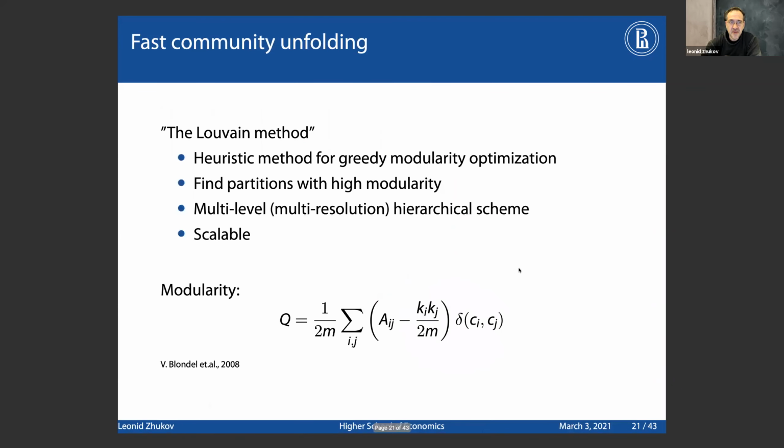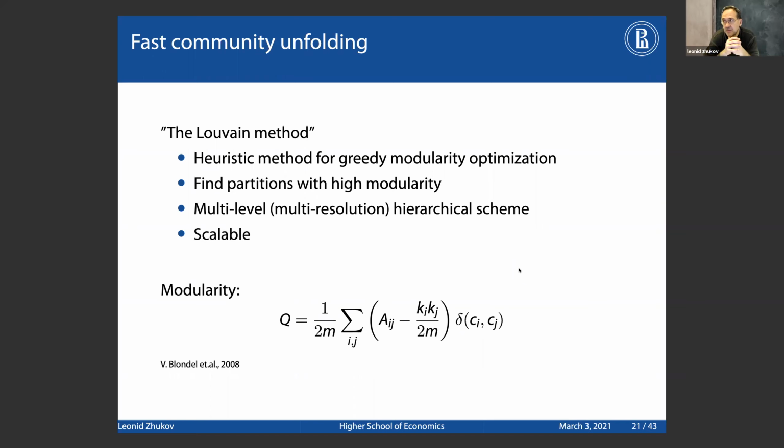This method is also a heuristic, right? There is no global function that we optimize here, but on every step we do something smart, and on every step we monitor modularity, and we try in a greedy fashion to make only those steps in this algorithm that increase modularity, right?